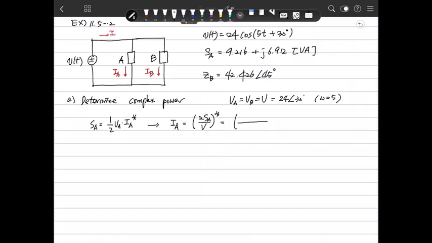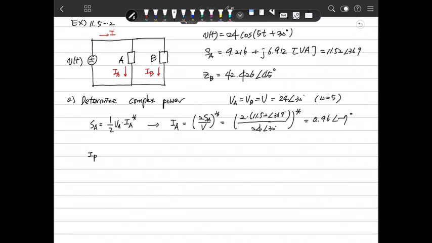So we insert all variables, and SA we calculated is 11.52 at 36.9 degrees, and V is 24 at 30 degrees as a conjugate. So there will be 0.96, angle is -7 degrees.